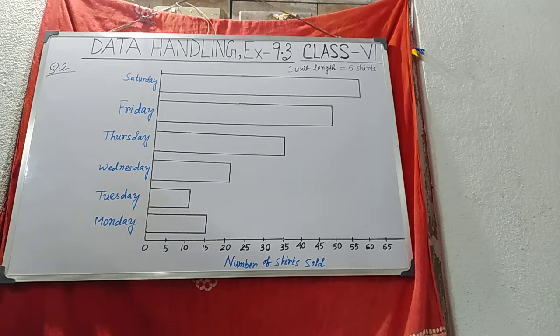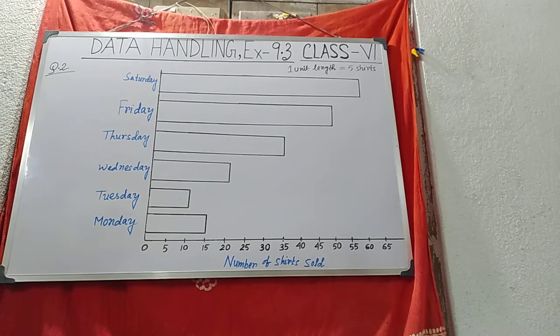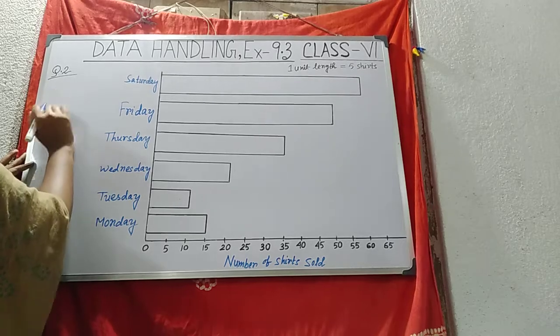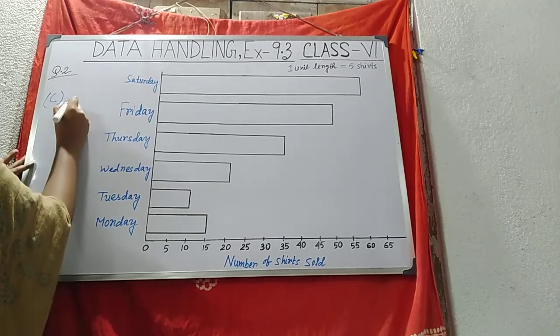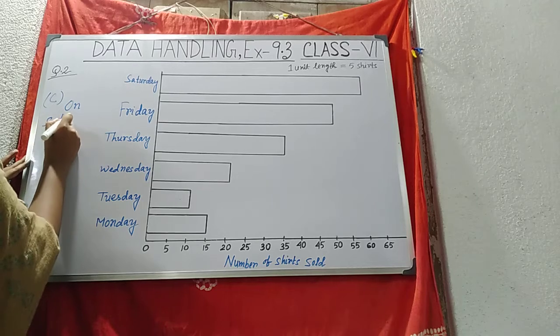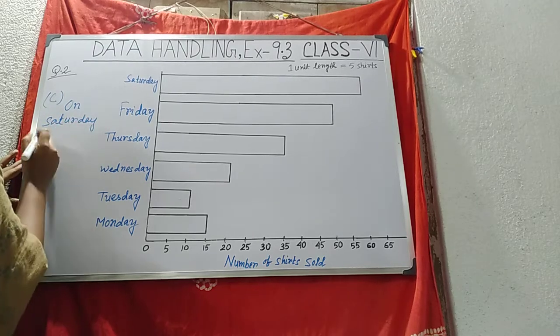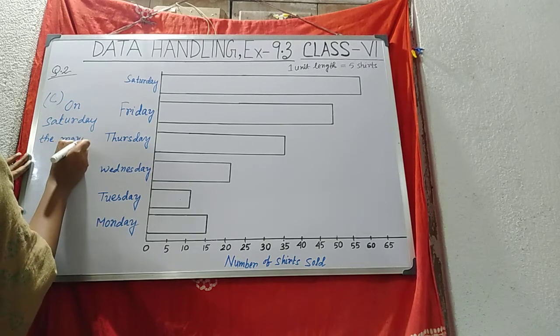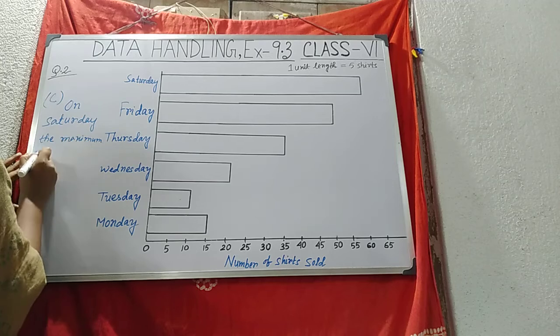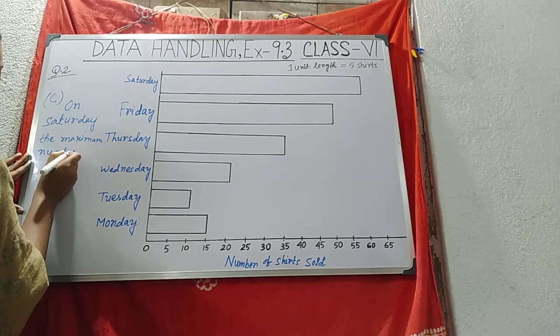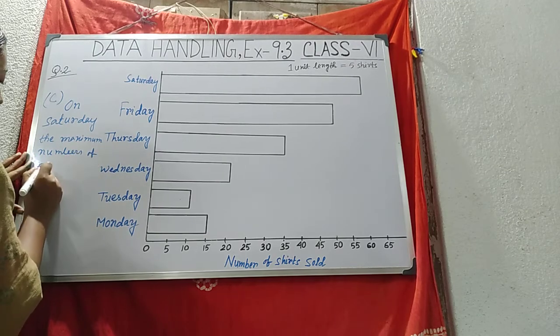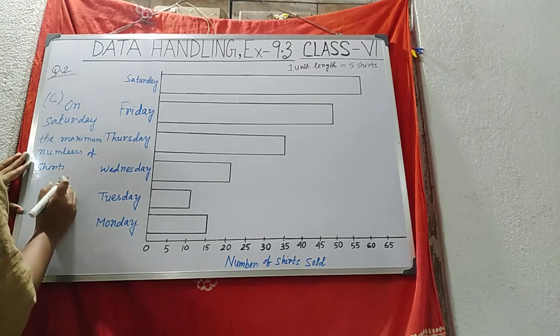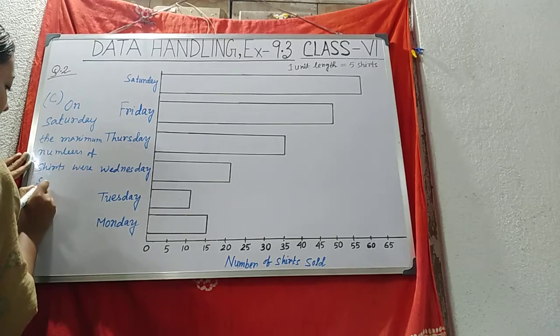So for the answer, on which day were the maximum number of shirts sold, it will be on Saturday. First part of question number C: on Saturday the maximum number of shirts were sold.